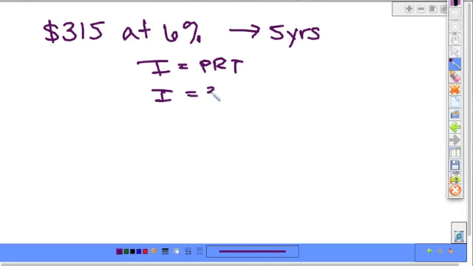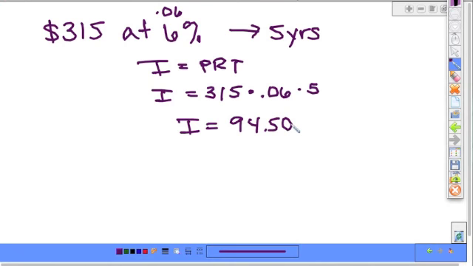Principal is the money amount, which is $315, times the rate. Again, remember this is going to be to the left, so it's 0.06. So we get 0.06 times the time, which is years, in this case 5. Multiply this all together, and our interest equals $94.50.